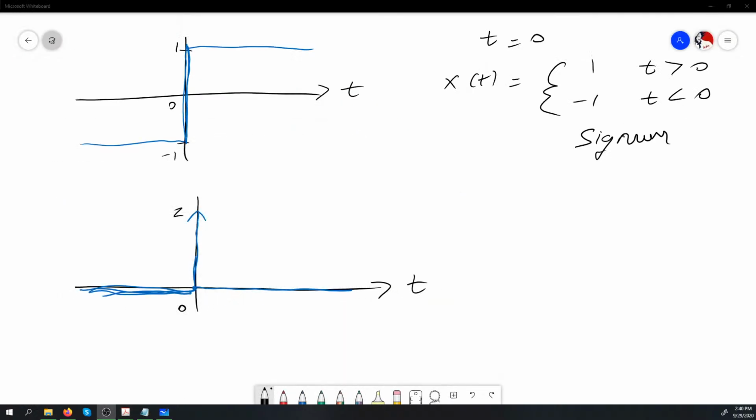So are there any questions regarding part C here in particular? So yes, mathematically it will be 2 of delta t.